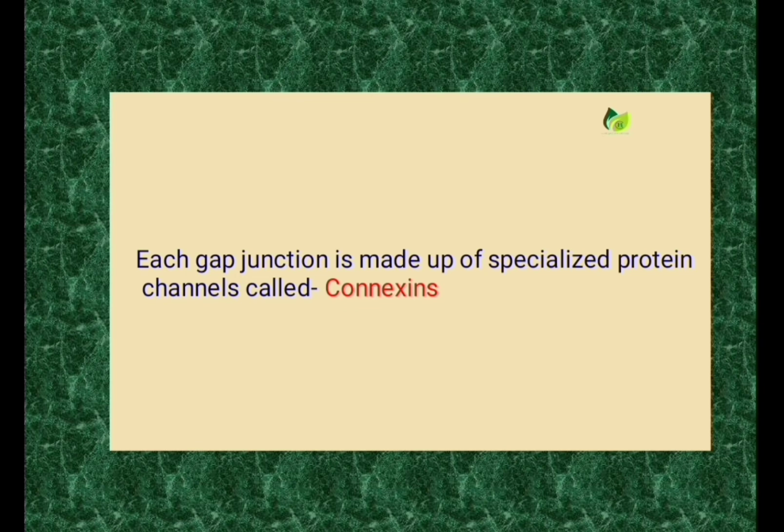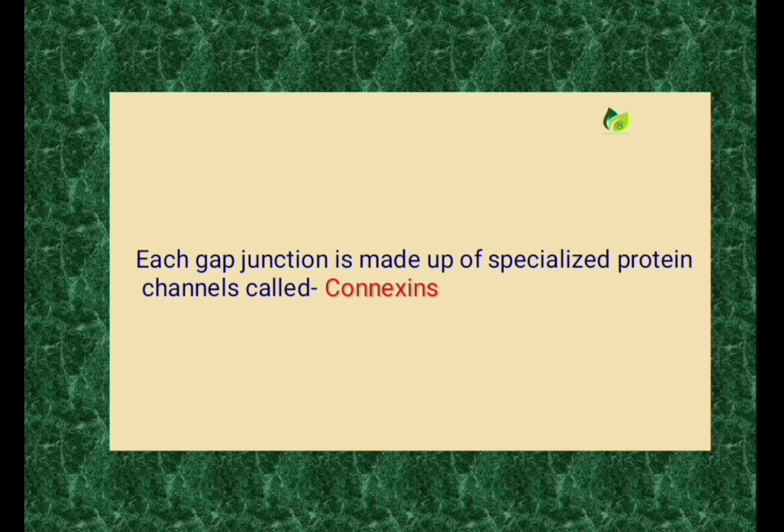Gap junctions are nothing but channel proteins of opposite cells joined together, providing a channel for the transport of ions, sugars, amino acids and other molecules to pass. They allow communication between cells. Example, gap junctions present in heart muscles and also in animal embryos.